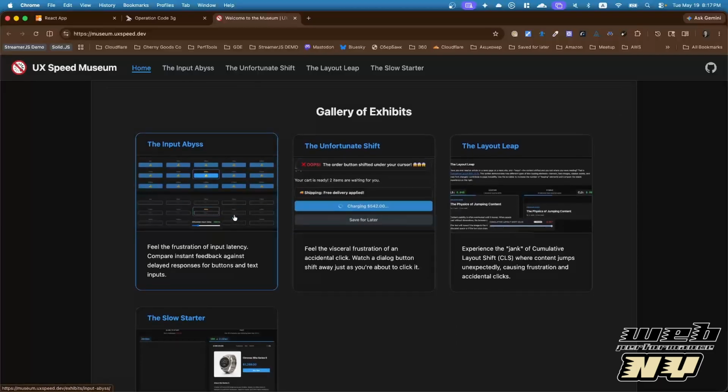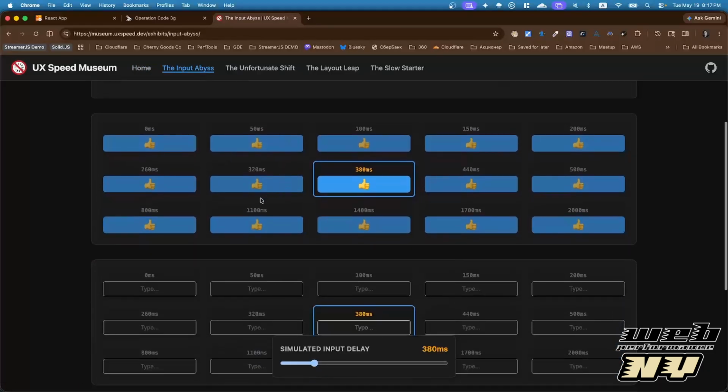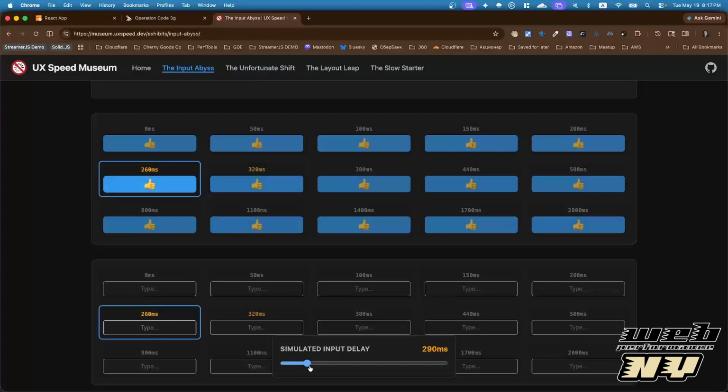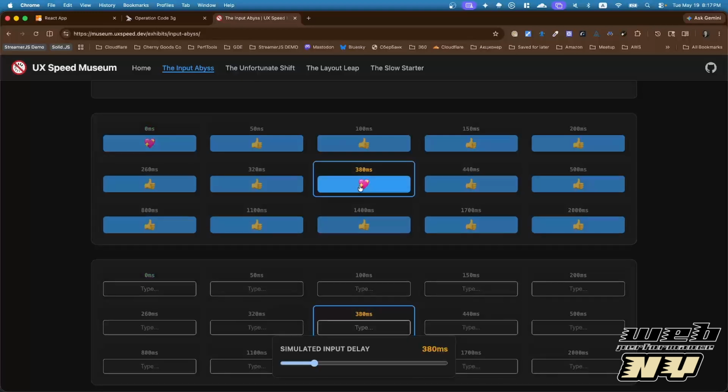Each exhibit represents a different part of slowness, and there are probably more exhibits to build. But effectively, if you go to this input abyss exhibit and click on the bottom scrubber, it shows you which one is slower and faster. It basically tells you which button. If you press the button, this one is 0 milliseconds, immediately reacting to your press. The moment you get to 300, it's annoying. Notice that it's yellow because that actually is the INP threshold, right?